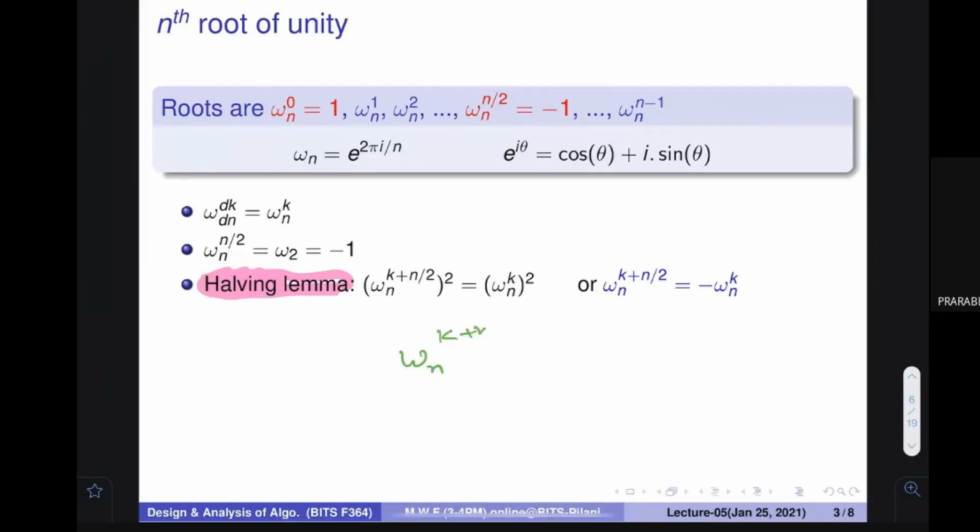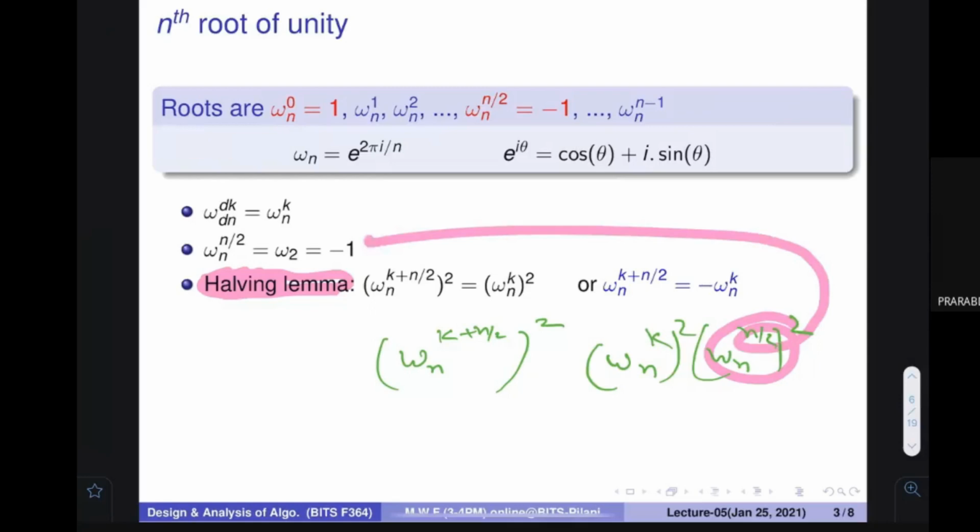There are two terms, ω_n^k and ω_n^(n/2), and you are taking the square of these two terms individually. The term we have just talked about is minus 1. So essentially you get only this particular part; it is written like this only.